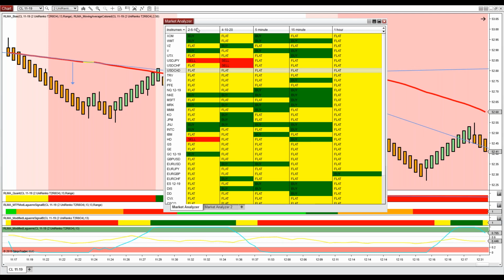Now, if you're trading a 2, 5, 10 Renko, you're going to look at this column. If you're trading a 4, 10, 20 Renko, you're going to look here. That's your 5-minute. This up here is the speed of your trading chart. If you're trading a 5-minute, you're going to look here. If you're trading a 15-minute, you're going to look here. A 1 hour, you're going to look here.